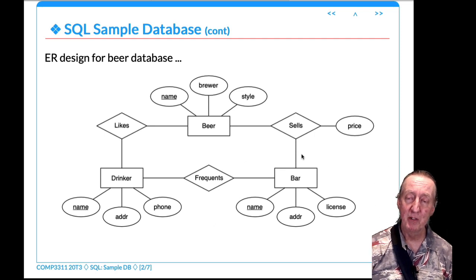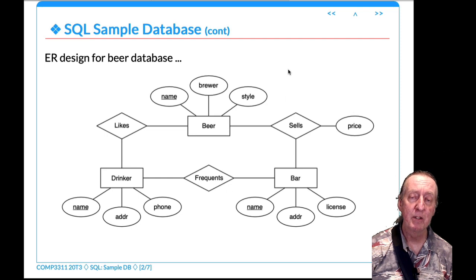I mean, if you really wanted to be fussy, you might say not much of a bar if you don't sell any beers, but this schema allows for that. And similarly, you're not much of a drinker. Well, maybe you are if you don't like any beers.